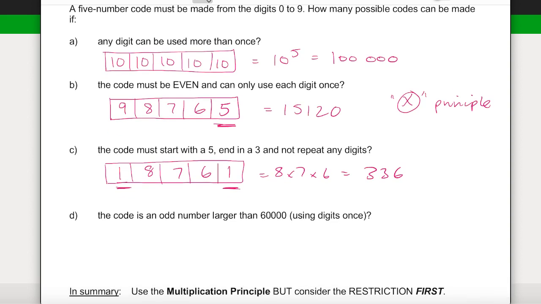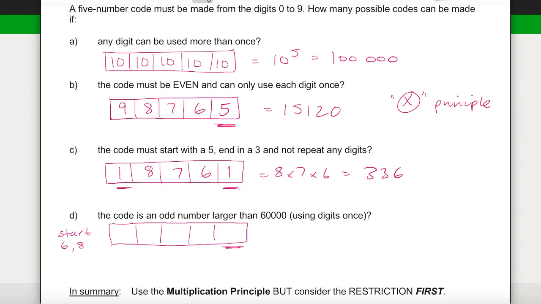How many possible if the code is an odd number larger than 60,000 using the digits once? So here we have to think about that it can start with 60,000, 70,000, 80,000 or 90,000. Now 70,000s and 90,000s are odd. So I'm going to just treat 2 groups separately. I'm first going to have a look at those that start with 6 or 8, because all the odd numbers can go in the end.